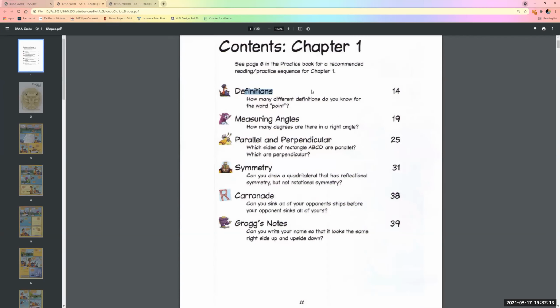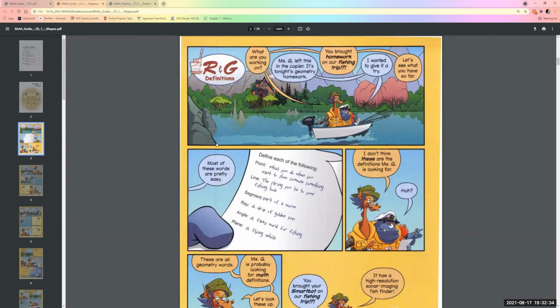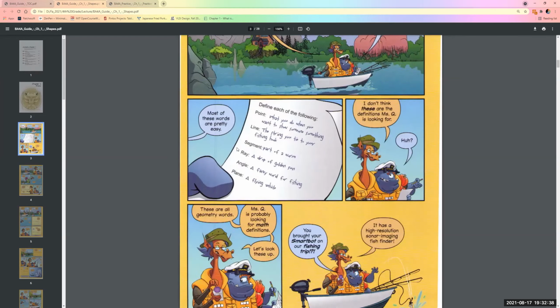So we'll first go through definitions, then angles, parallel and perpendicular properties, symmetry, and then I think these 2 are characters, and so they have some fun little stories at the end. But as you can see, this is just a comic book for y'all to read through.